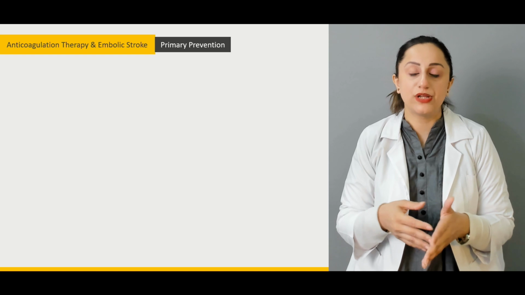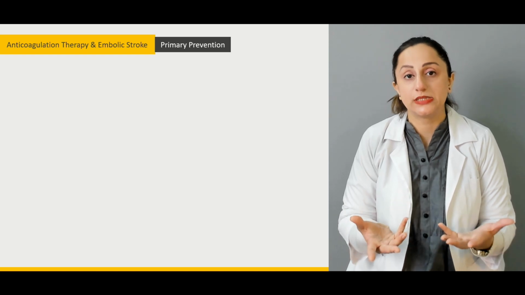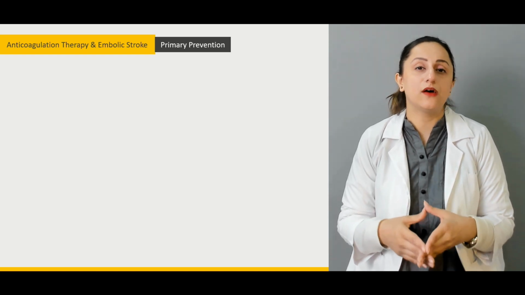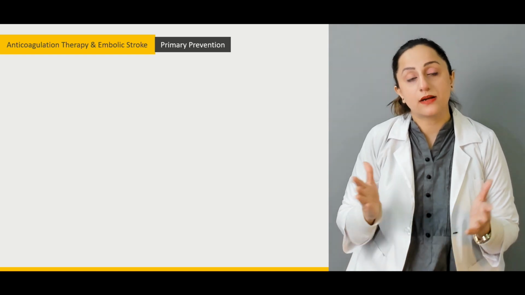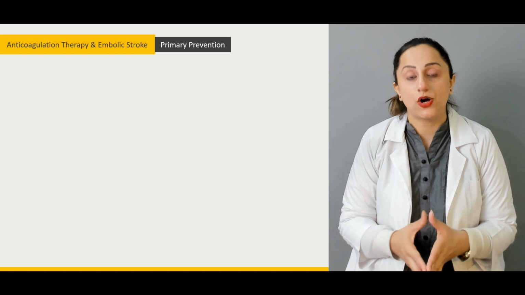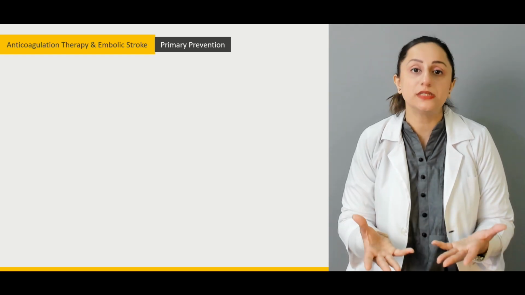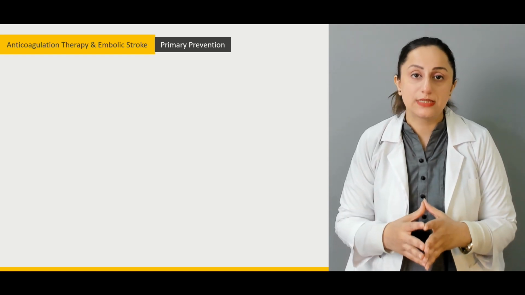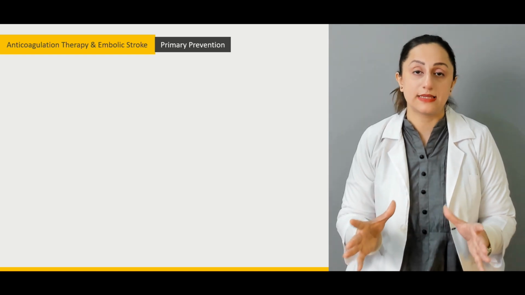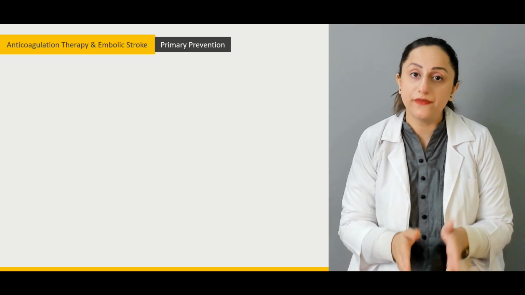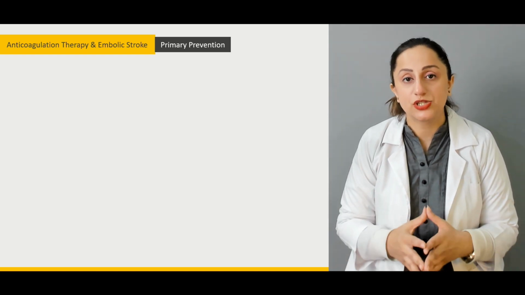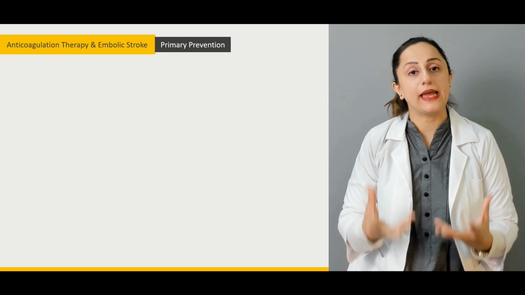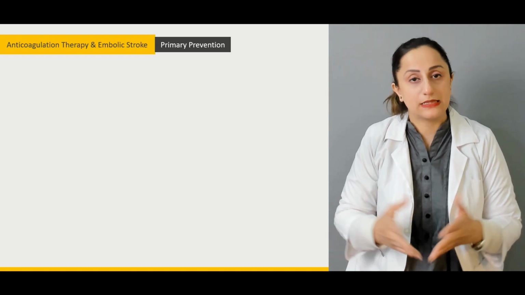It can be atrial flutter, atrial fibrillation, valvular heart disease, or non-rheumatic factors that contribute towards the dislodgement of the embolus towards the brain circulation. Whatever the cause is, if the embolus is going to travel to the circulation of the brain and cause brain damage, we must know how to perform anticoagulation therapy in such cases.